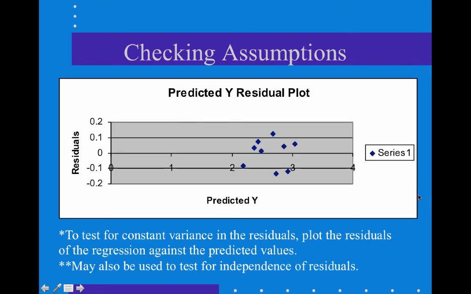The second assumption that we have to check is where we test for constant variance of the residuals. To do this, we're going to plot the residuals of the regression analysis against the predicted values. This could also be used to test for the independence of the residuals as well.